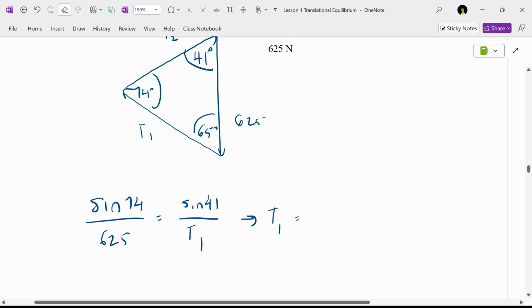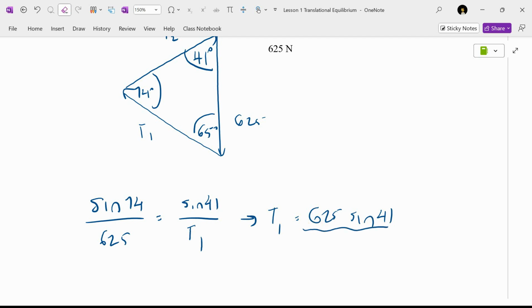Tension 1 is equal to 625 sine 41 divided by sine of 74. What'd you get? Anybody else? 427? See one nod? I got 2 nods. And that's the force in newtons.